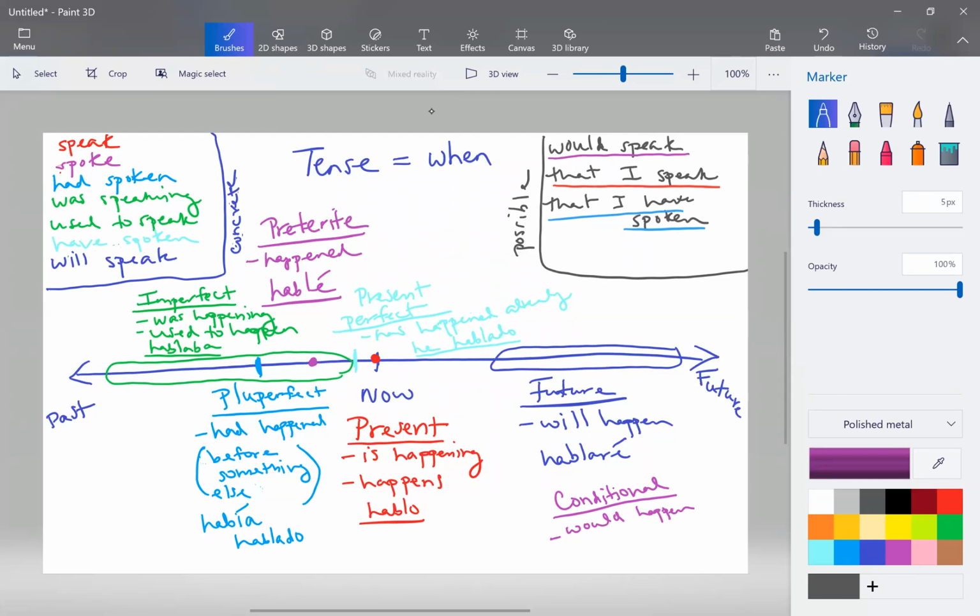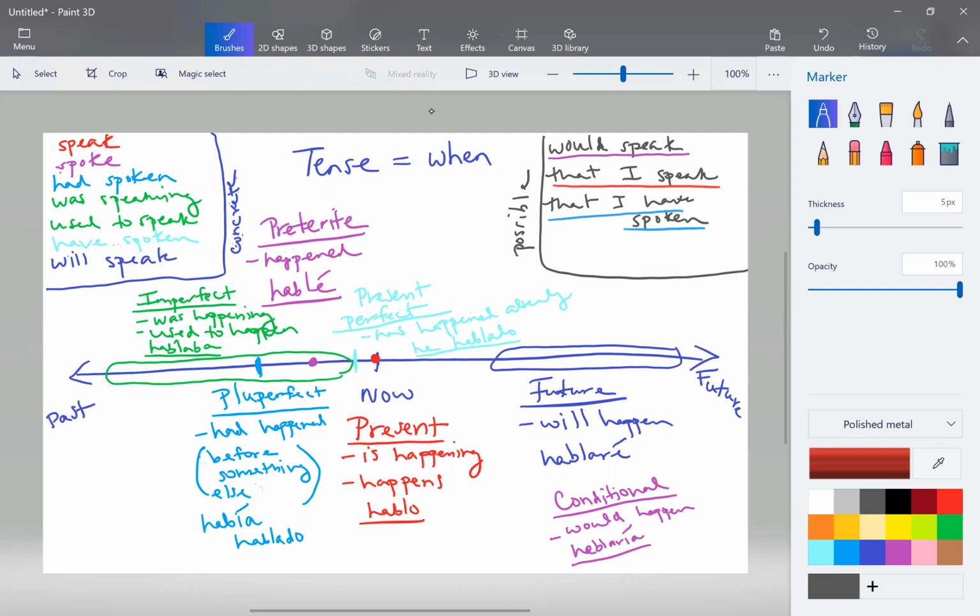All right, so would happen. And for hablar in the yo form, that would look like hablaría. Okay. And then we also have the subjunctive.